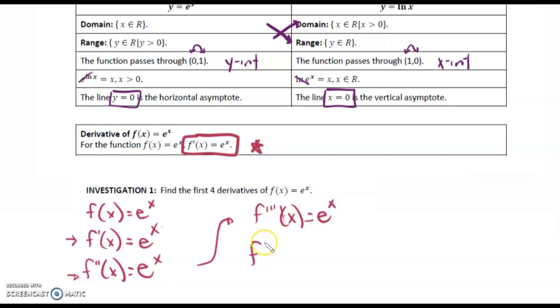And the fourth derivative, f'''', would be the derivative of e^x, which is e^x. So the first 4 derivatives of f(x) = e^x are the same, e^x, okay? And for the next 100 or 1,000 thereafter.